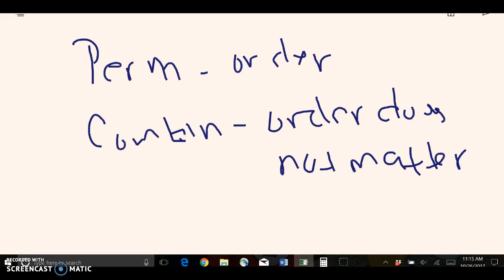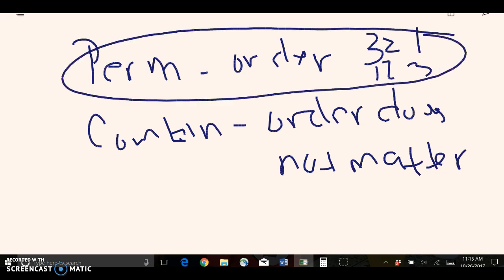So let's say that you have 9 numbers to choose from and you have 3 slots to fill. Well, you need a permutation because order matters, because 3, 2, 1 is not the same as 1, 2, 3 if you're putting it in your combination lock. Combination, order does not matter. This is like choosing people to be on your football team.